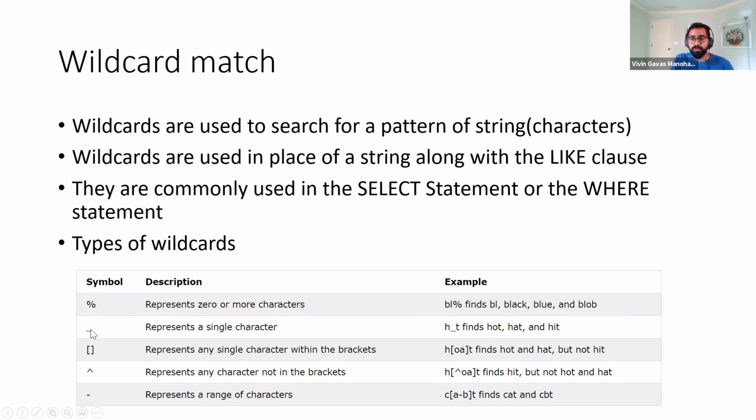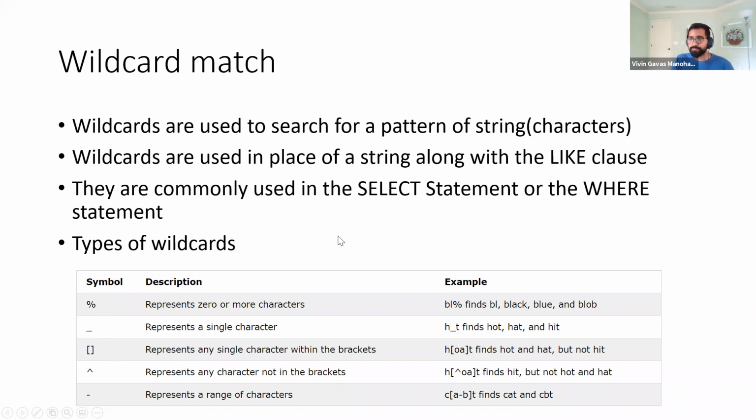Similarly, it goes for another symbol called the underscore, which gives you all the inputs which have just a single character in replacement for this character. So basically, if you use h_t, it would give you hot, hat, and hit. These two are most probably the ones that you would be using, and it'll mostly be the percentage. But I've also listed other wildcards that you can use when you're trying to match the characters.